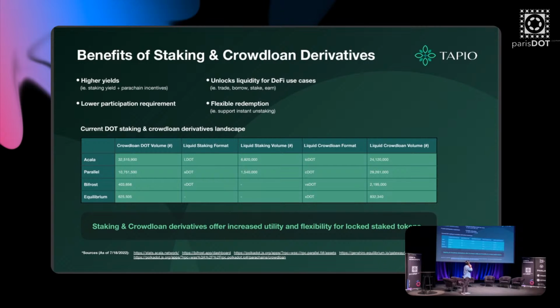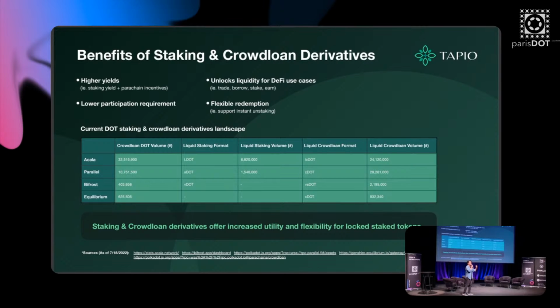So this table here just shows some of the parachains that have introduced their own liquid staking and liquid crowdloan solutions. So there's Acala, Parallel, Bifrost, and Equilibrium. And you can see how many DOT they've attracted via their liquid staking and liquid crowdloan formats.